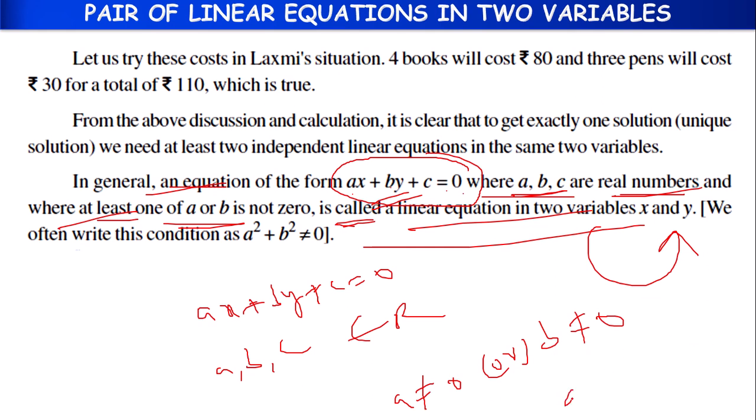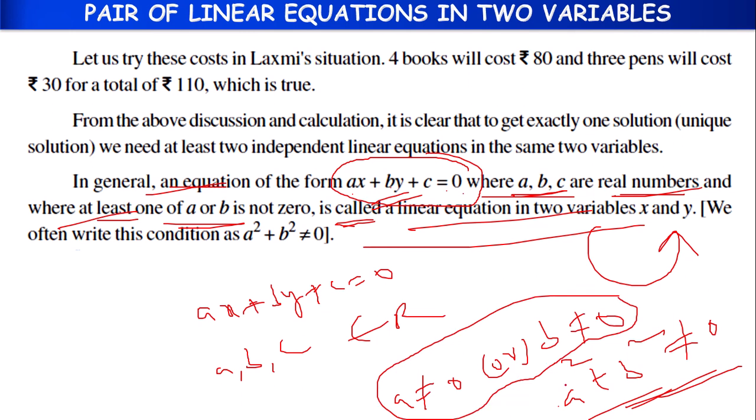This condition can also be represented as a² + b² not equal to 0, because if both become 0, the total sum will become 0. The sum is not equal to 0 when at least one of them is not equal to 0.